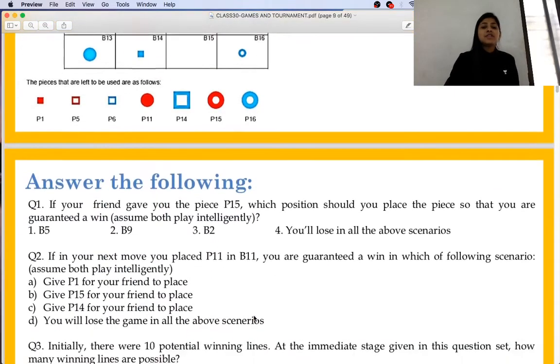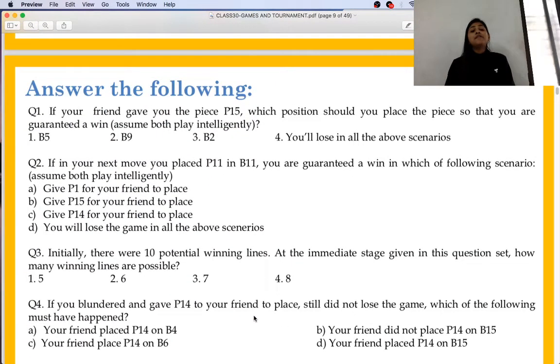Okay, so let's see the first question. If your friend gave you the piece P15, which position should you place the piece so that you are guaranteed a win? Assume both play intelligently.